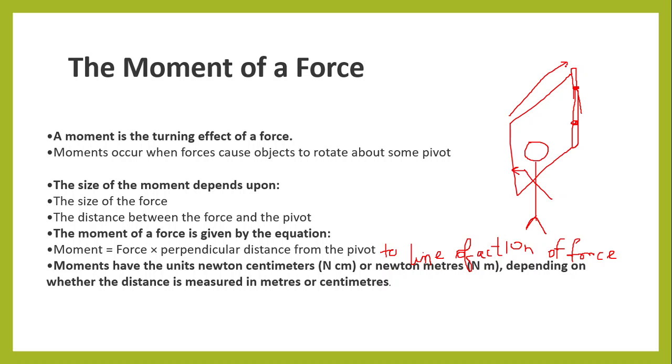It doesn't look perpendicular right now because I've shown the side view, but if you think about a door and you're going straight, perpendicular towards it and pushing it, the distance from your hands to the hinges is going to give you the perpendicular distance from the pivot that we need.